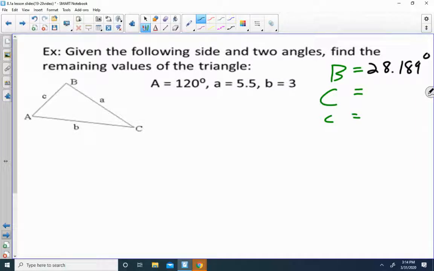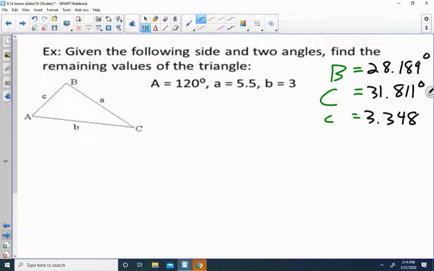For C, you should have 31.811 degrees. And then for little c, you should have 3.348. Now, if you already got that, you feel comfortable with how you did, you can go ahead, move on to the next example and just skip over the next 3 or 4 minutes. If you want me to walk through this example, keep watching.